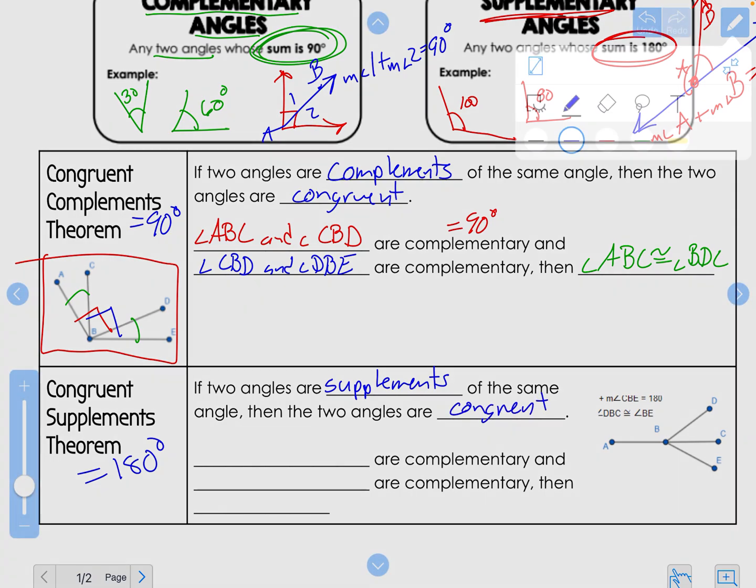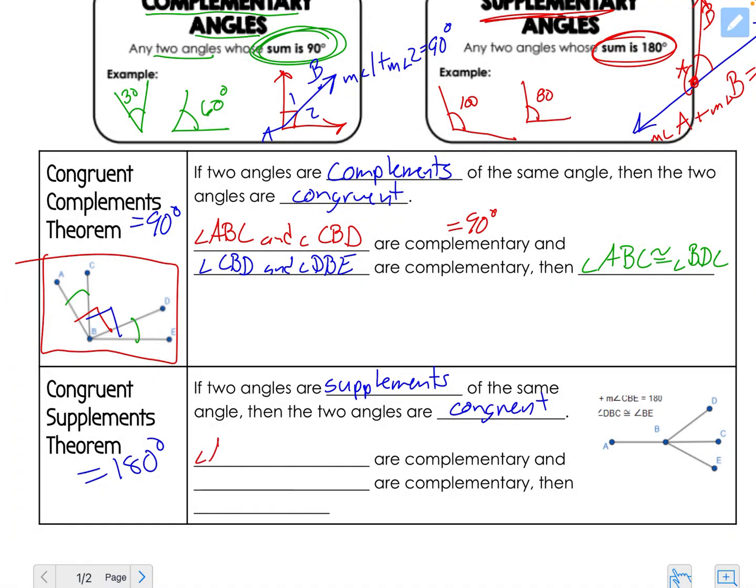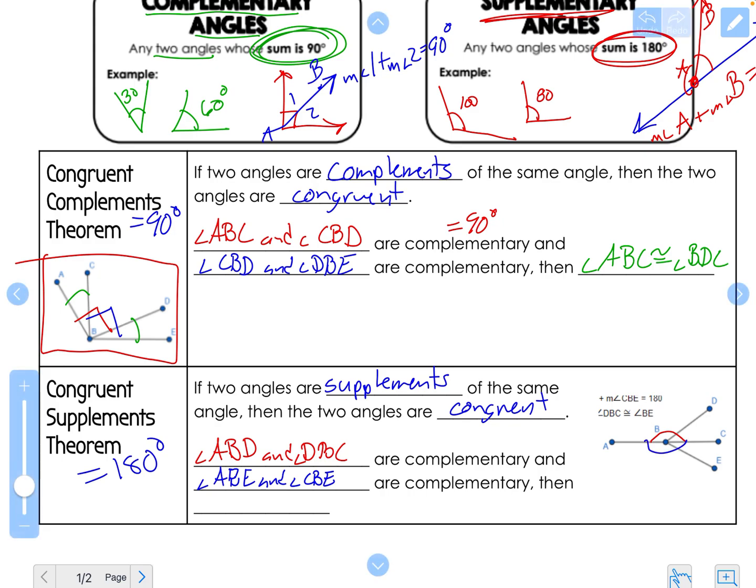So if we look at our example to the right, if we know that angle ABD and DBC are supplementary, so they equal 180 degrees, and I know that angle ABE and angle CBE are supplementary.